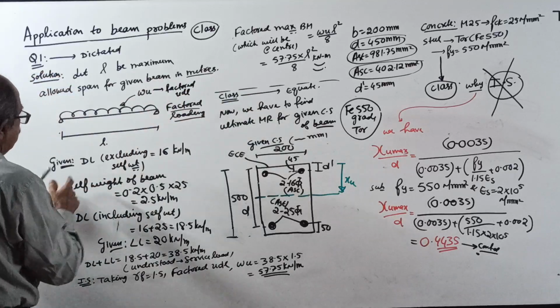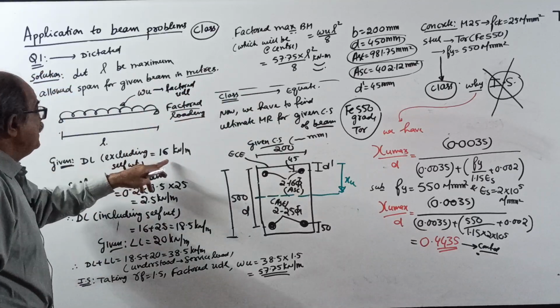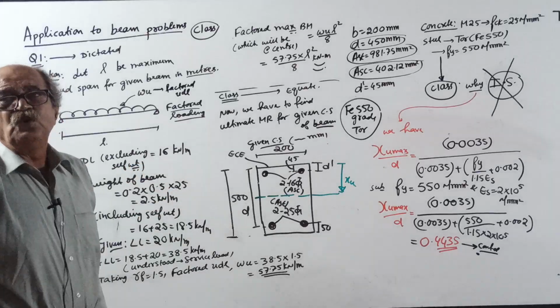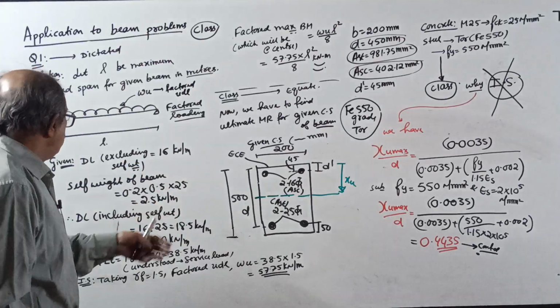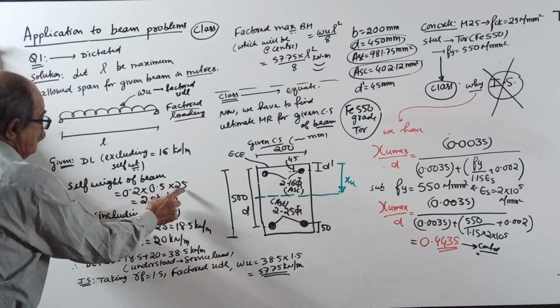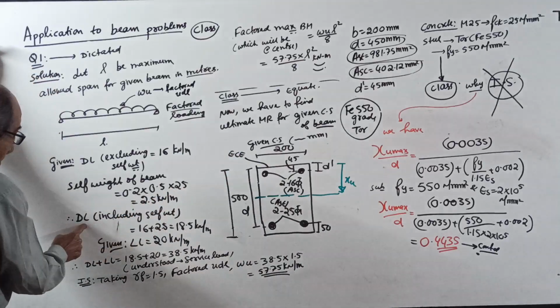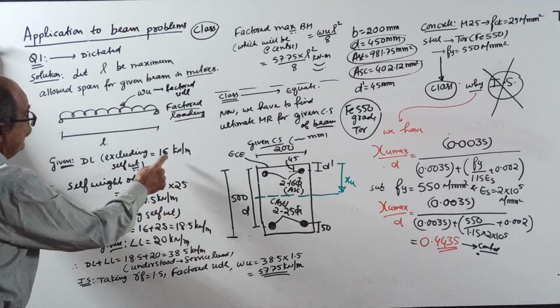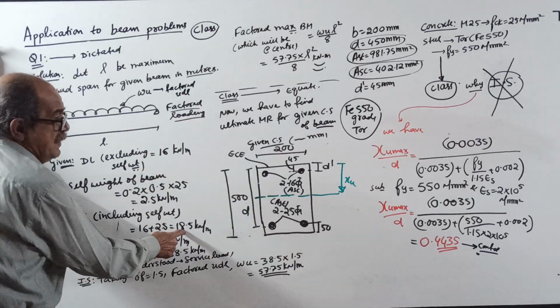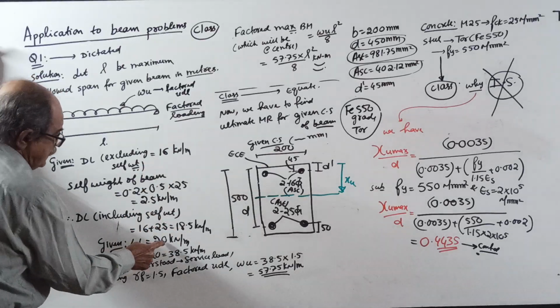Later you will see. First, dead load excluding self weight is 16. So self weight you have to calculate: 0.2 into 0.5 into 25, 2.5. So dead load including self weight is 16 plus 2.5, 18.5. Live load given is 20.